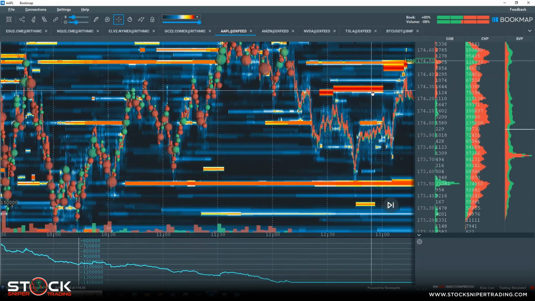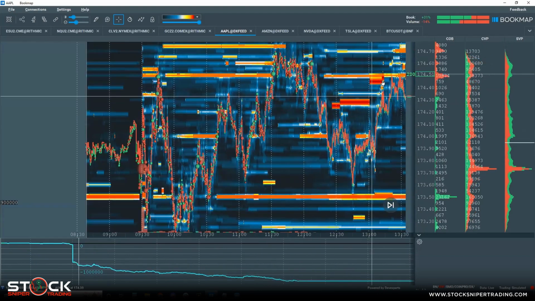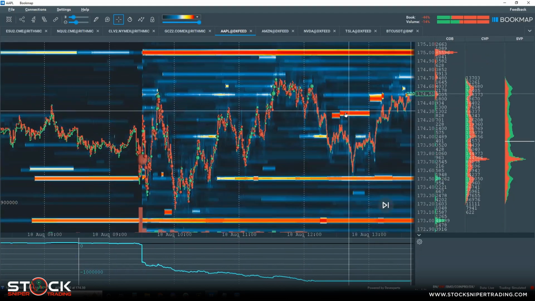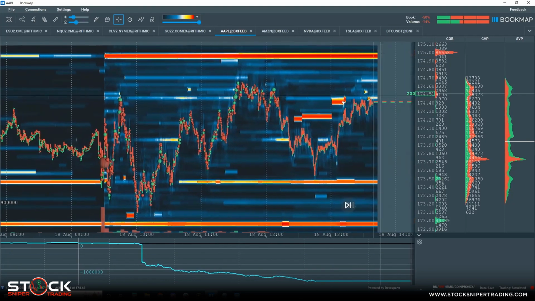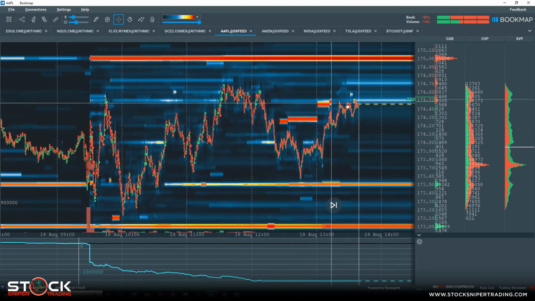Now, this isn't spoofing, but I don't know exactly what it is. It's just a lower time frame trader with high liquidity, and you can see him pull and add a little bit higher here, and then pull and add higher here as well. Now he's pulled away from the market. This offers buyers a pretty clean shot up to the 175 here.